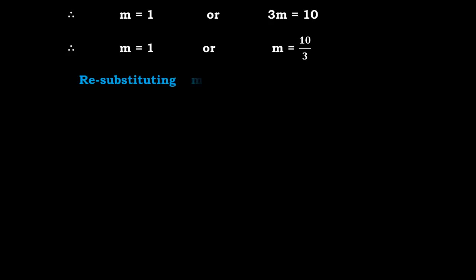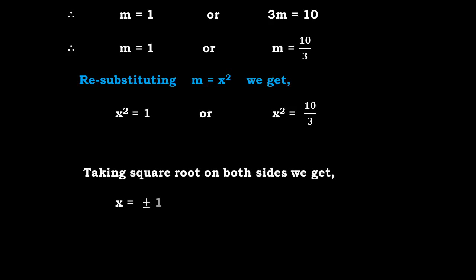So resubstituting m is equals to x square, we get x square is equals to 1 or x square is equals to 10 upon 3. So x is equals to plus or minus 1, taking square root on both the sides, or x is equals to plus or minus root of 10 upon 3.